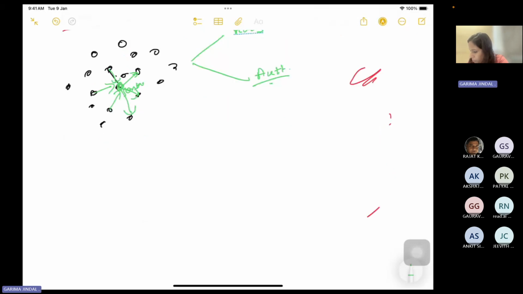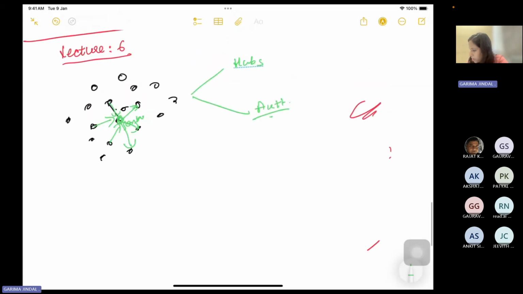So suppose, okay, so generally in the networks, good nodes will point to good nodes.